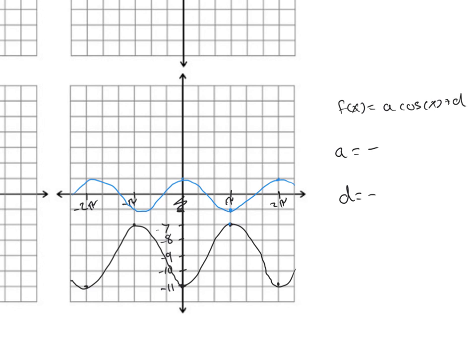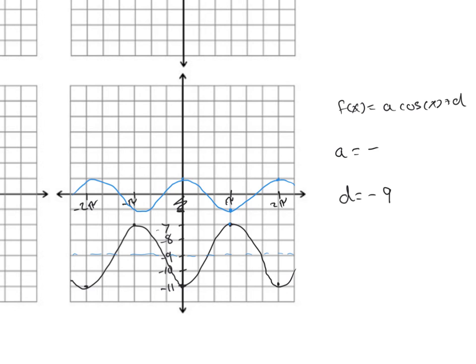Negative 7 plus 11, that makes 18. Divided by 2, negative 9. So halfway down, it's negative 9. My shift is negative 9. It's inverted, so my A is negative.